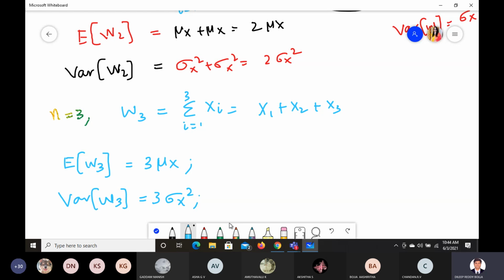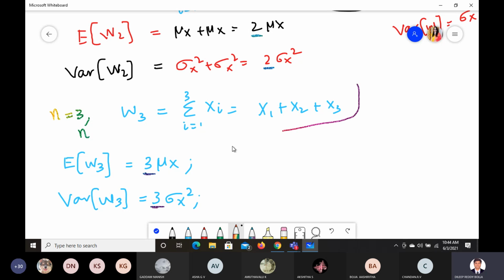Okay, now we want to come to a conclusion. Now replace this n value as n only. When you are trying to do it for 2, we are getting 2 mu x, and for the variance 2 sigma x square. For 3, 3 mu x. For 4, 4 mu x will come.